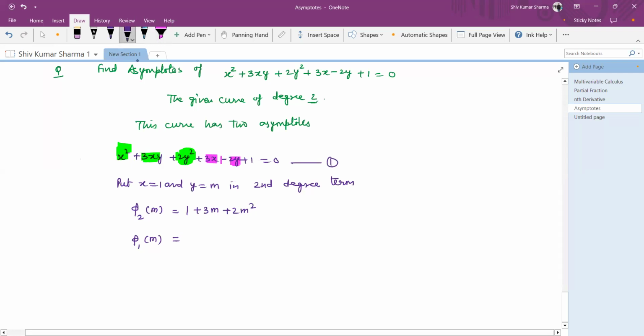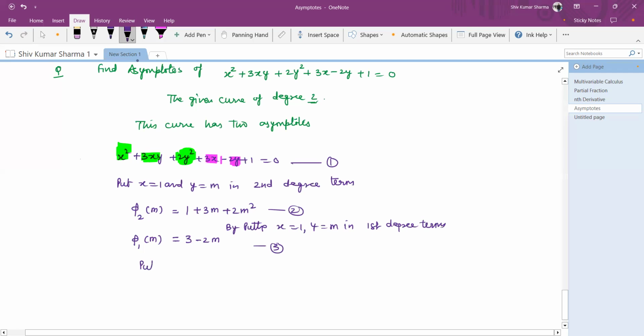We put x equal to 1 and y equal to m, so this gives us 3 minus 2m. So we write this by putting x equal to 1, y equal to m in the first degree terms. This is our equation number 2, and this is our equation number 3.